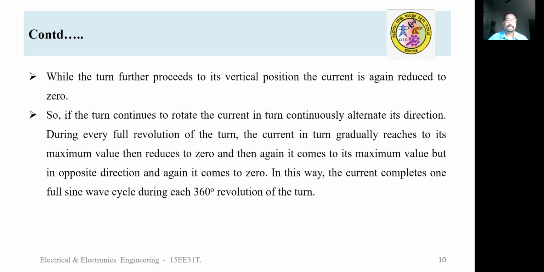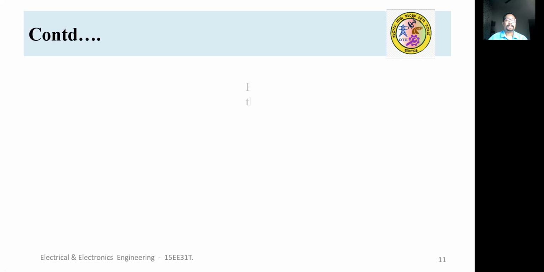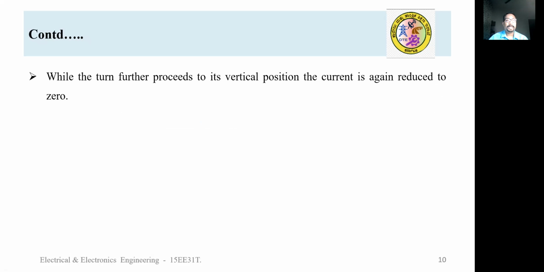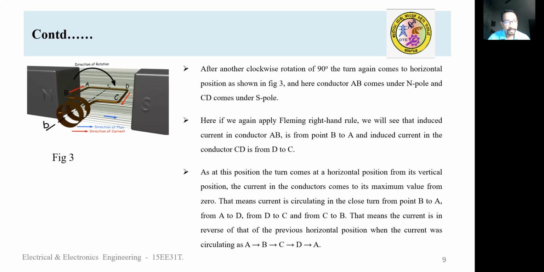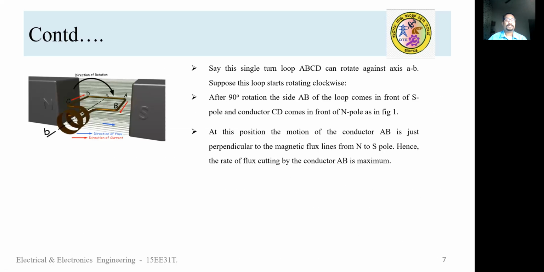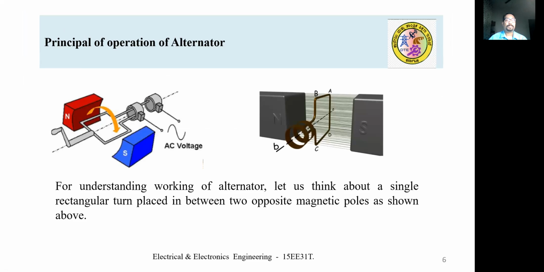Okay. Now again consider, the coil has been moved further 90 degrees, or 360 degrees from the initial position. That means the coil comes to the original position, as shown here.